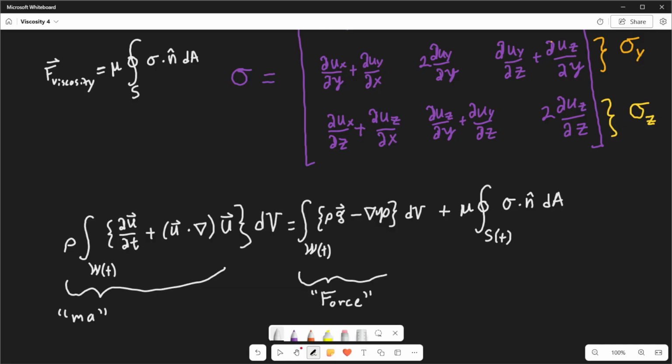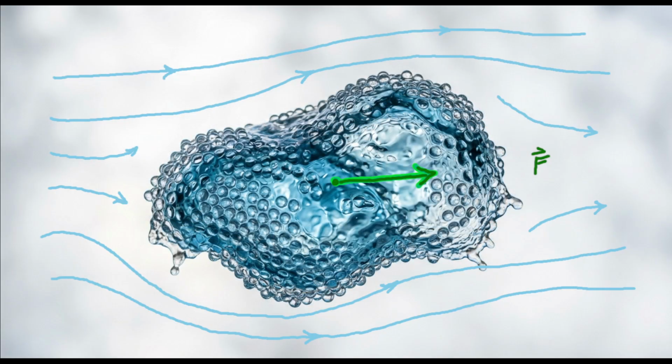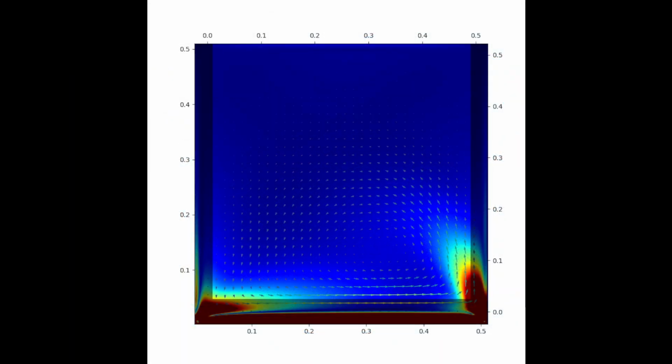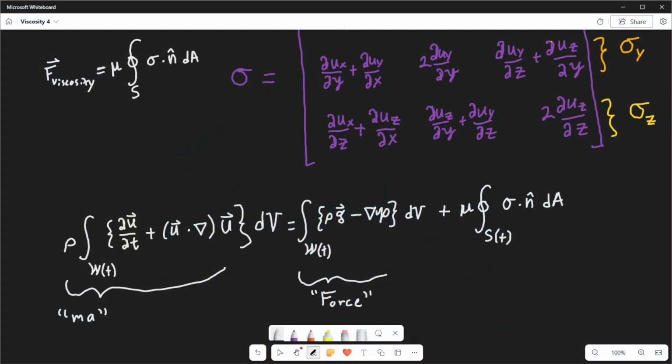That surface integral is, of course, over the surface of the W blob. So to get the force of viscosity is basically integrating over the entire surface of this thing. And since W depends on time, the surface of W, which is S, also depends on time.